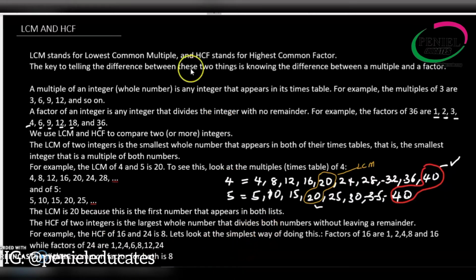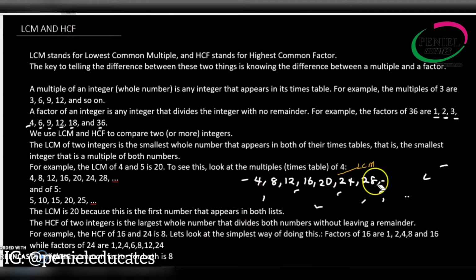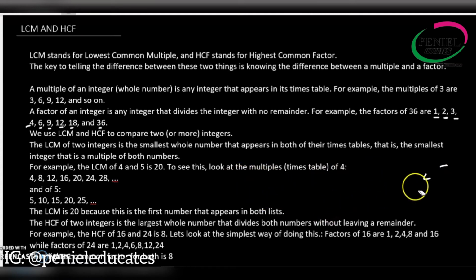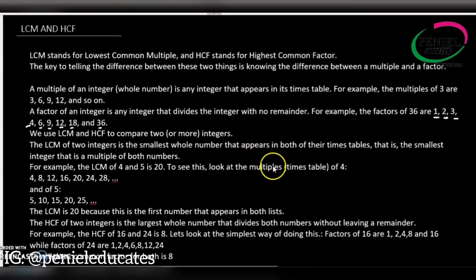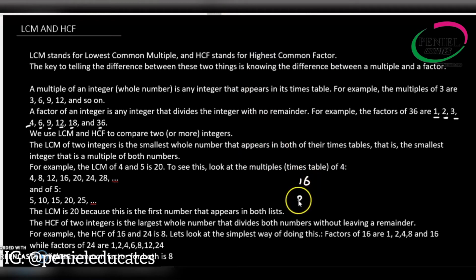For example, if we are to look at the highest common factor for 24 and 16. So this is 16 and we have 24.